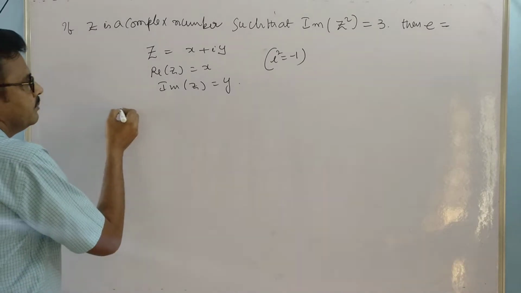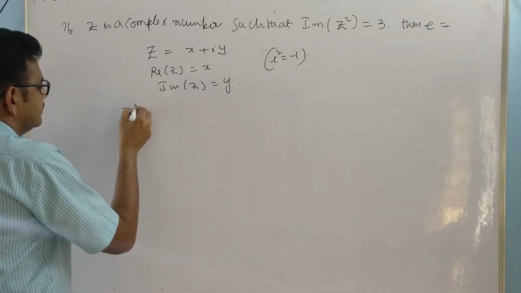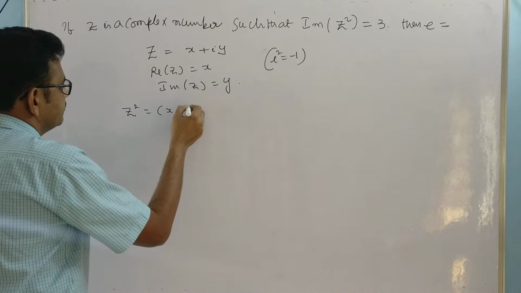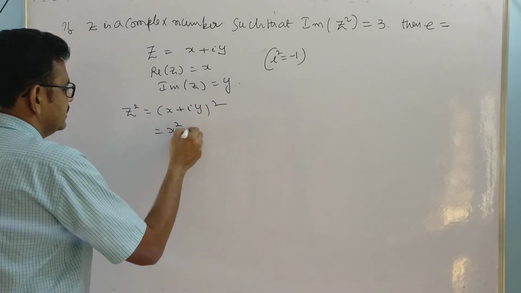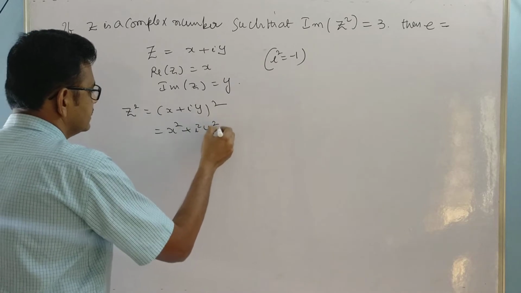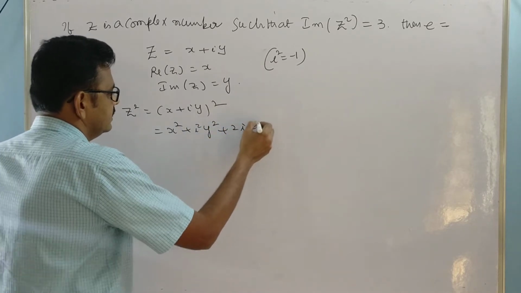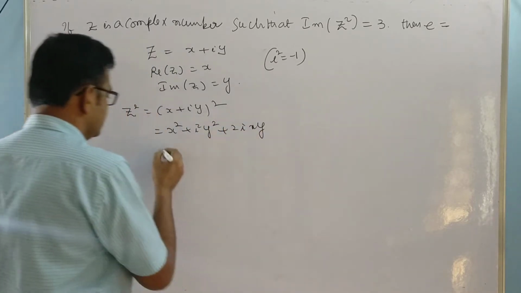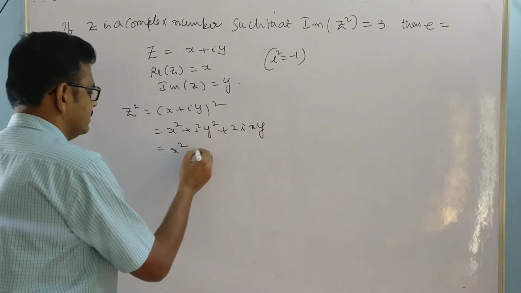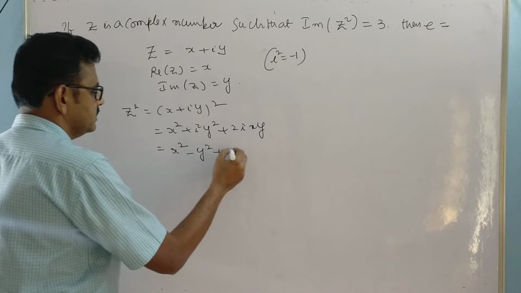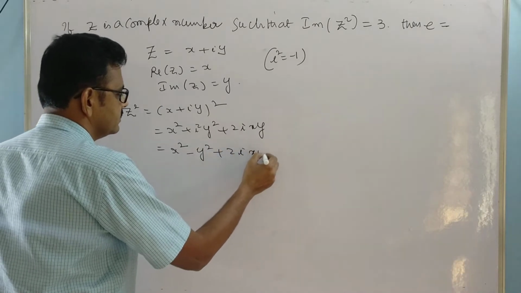Now Z square is equal to (x plus iy) whole square. This is x square plus i square y square plus 2ixy. That is equal to x square, i square is minus 1, so minus y square plus 2ixy.